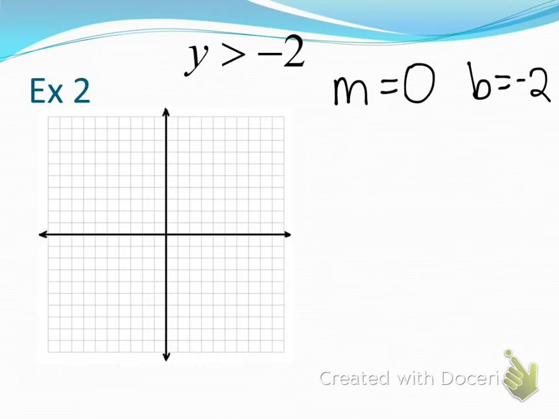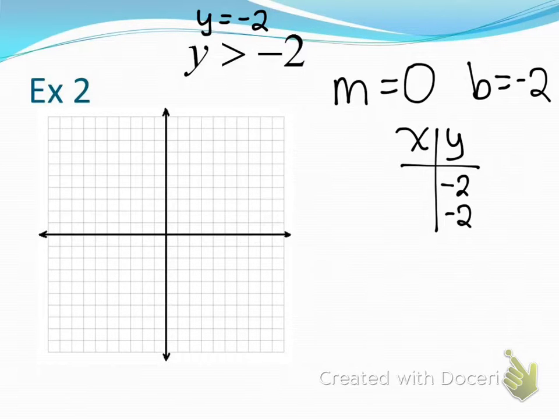If you forgot how to do that, if you're not sure how we came up with that, the other way of graphing these is to make a table. When we did these with an equals sign, this said y is always going to be -2. And what happened with x? It could be any number.